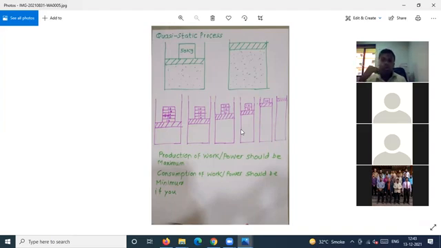If you are able to move close to the ideal process, there are more chances to get more efficiency.